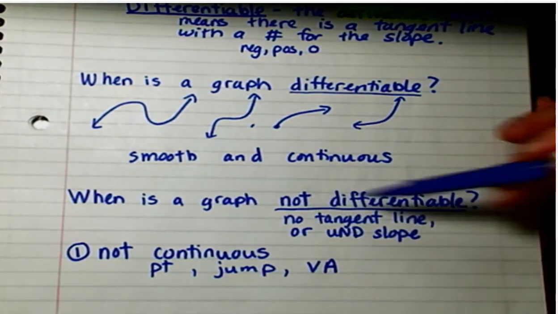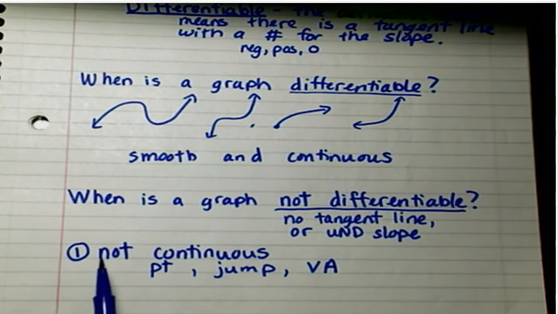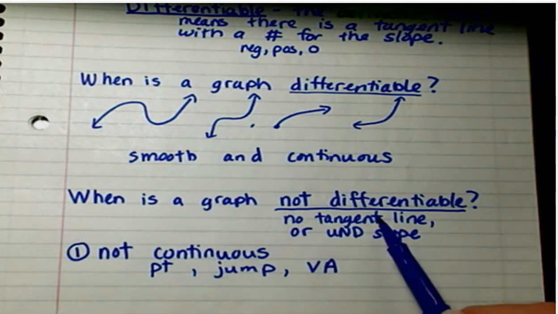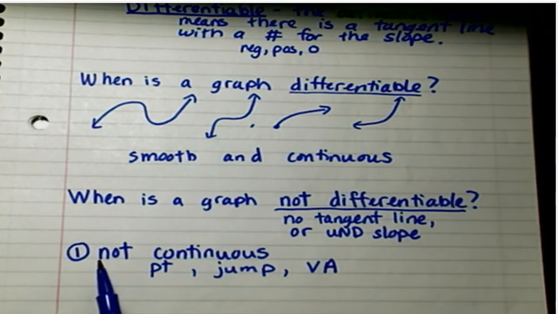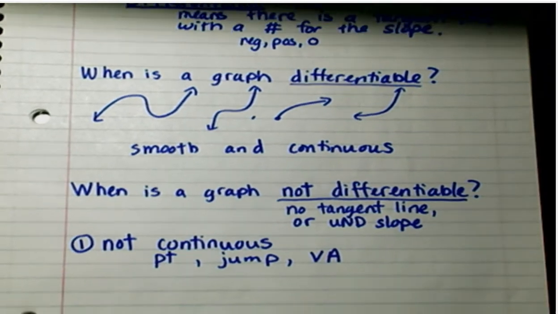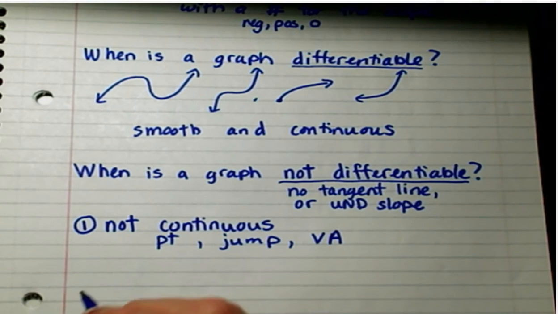A graph is not differentiable when it is not continuous. Point, jump, or vertical asymptote. That's what I'm looking for.